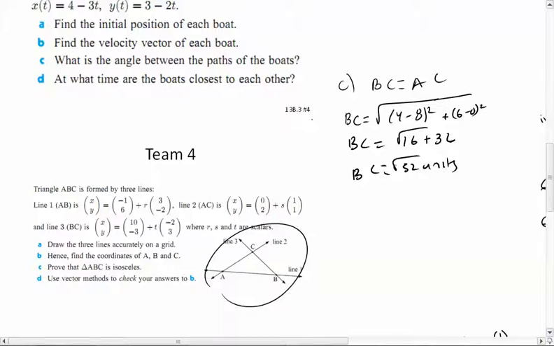Do the same process for AC, and if the distances of AC and BC are equal, it means that it's an isosceles triangle.